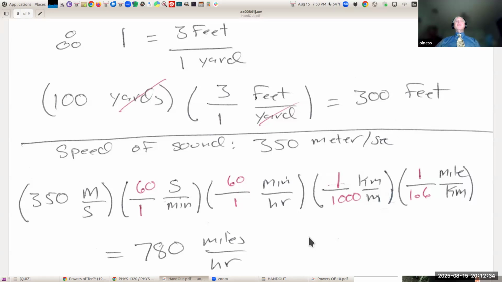If I use a sound tube to direct my voice down a sound tube, if the sound tube is 780 miles long, it would take an hour for my sound to get to the other end of the sound tube.